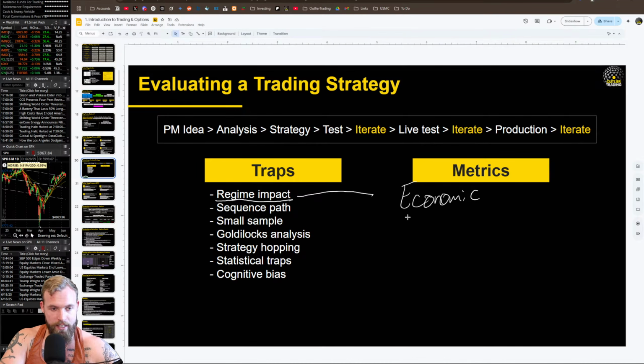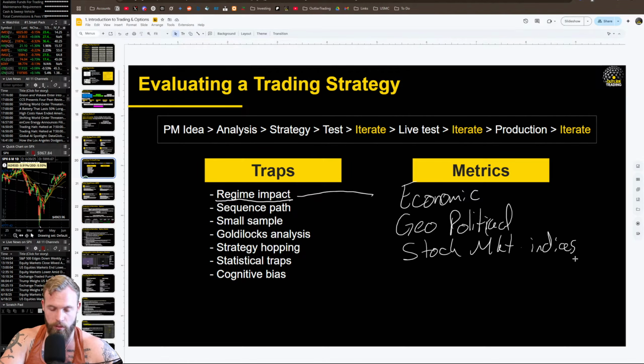We have things like the geopolitical. We have things like the stock market. And again, when I refer to the stock market in this context, I'm talking about indices, behavior, commodities, vol, all that stuff.